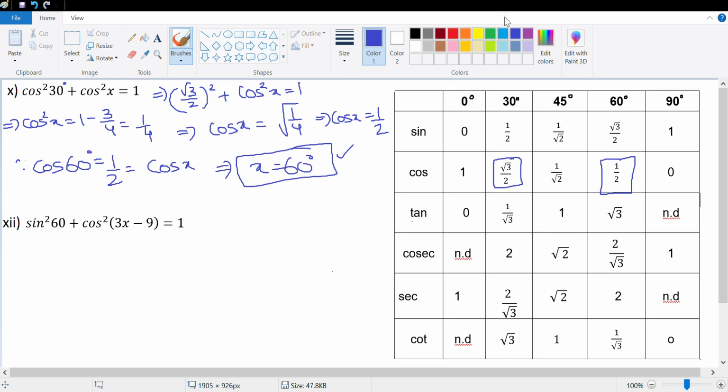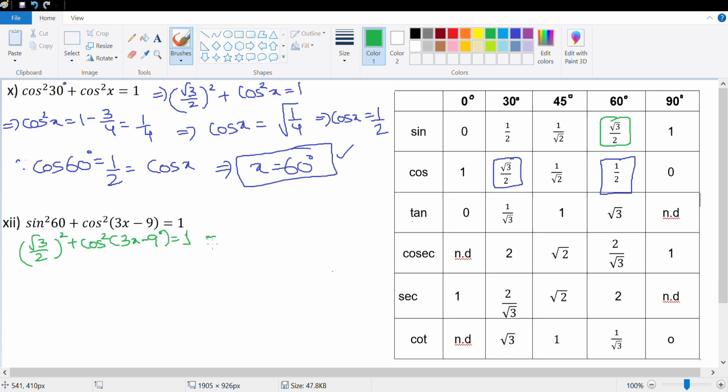Let's look at the next one. The next one is part 12, which is sine square 60 degree plus cos square (3x minus 9) is equal to 1. Let's substitute the value of sine 60. Sine 60 is root 3 upon 2. So (root 3 upon 2) whole square plus cos square (3x minus 9 degree) is equal to 1.